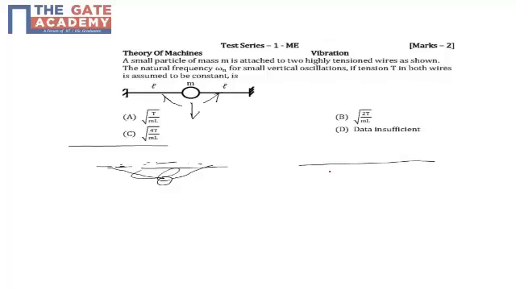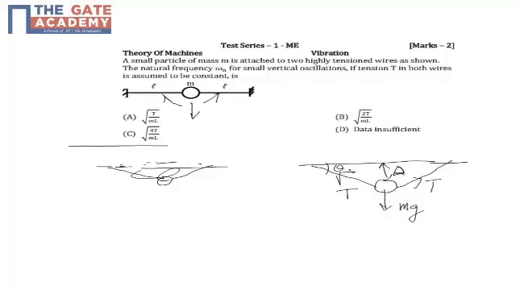This is your reference line, so it has gone something like this in the static position, and let's say this deflection is delta, and the tensions are T and T. So you have a weight that is acting, mg. And let's say this angle is theta.